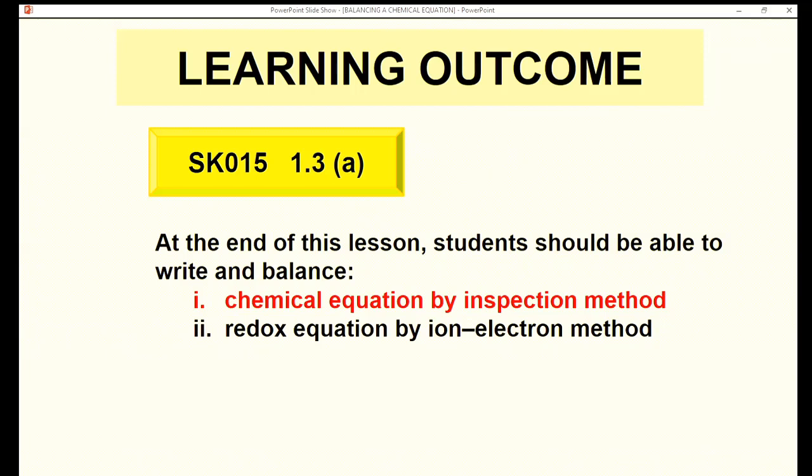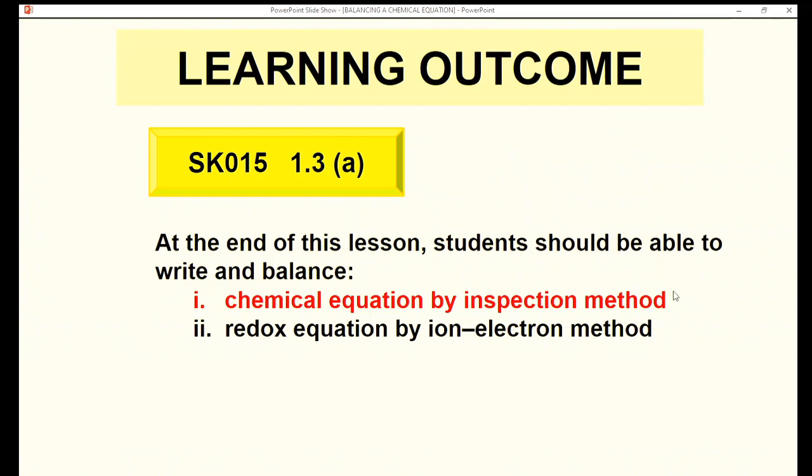And second, you are going to learn how to write and balance redox equations through the ion electron method. But for this lesson, I'm going to just focus on the first part, which is how to write and balance the chemical equation through the inspection method.